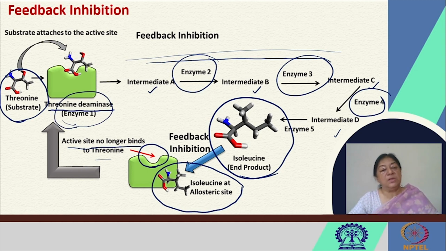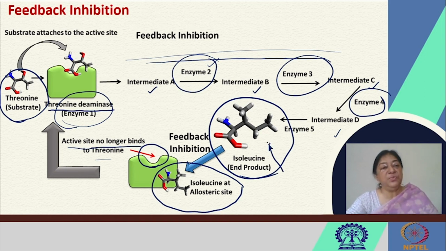In this particular case, the enzyme that would be inhibited is enzyme 1. There is no reason to inhibit enzyme 2, because then intermediate A would have been formed. But for that not to form, isoleucine, which is the end product, is an allosteric inhibitor for the first enzyme in the series of reactions. So it prevents its own formation when the concentration of this product is high.